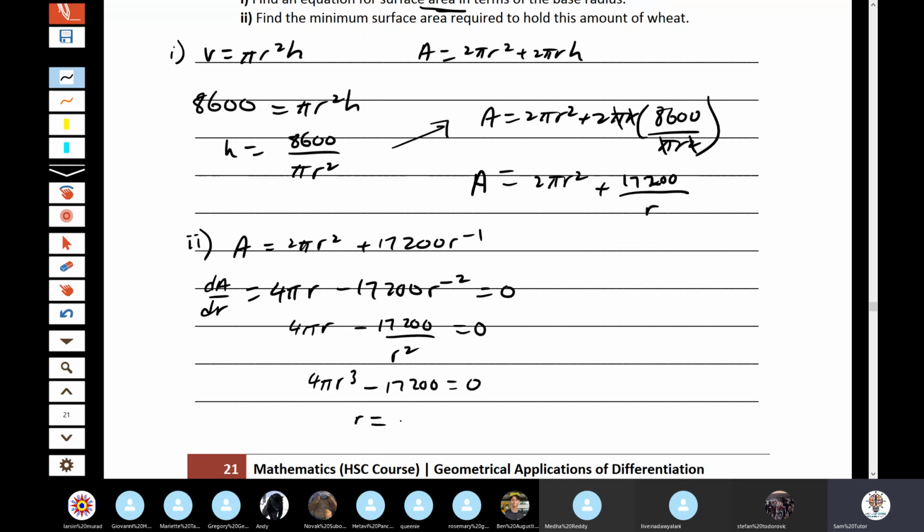Can someone tell me what it is in one step? Not yet. r equals 17,200 over 4 pi and then cube root. That's it, in one line.